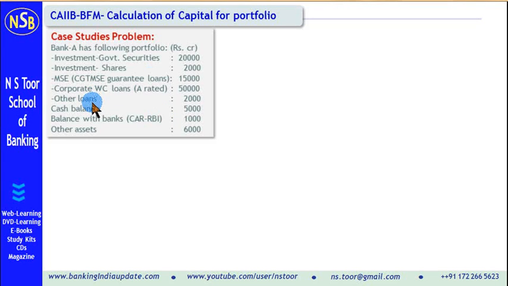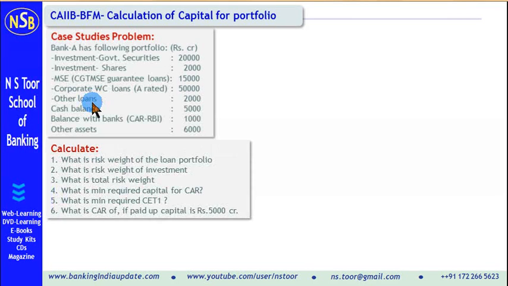This is the portfolio. Now what we are supposed to calculate? So here are the questions which we are to answer. First question, what is risk weight of the loan portfolio? Second question, what is risk weight of investment portfolio? Third question, what is total risk weight of the assets?